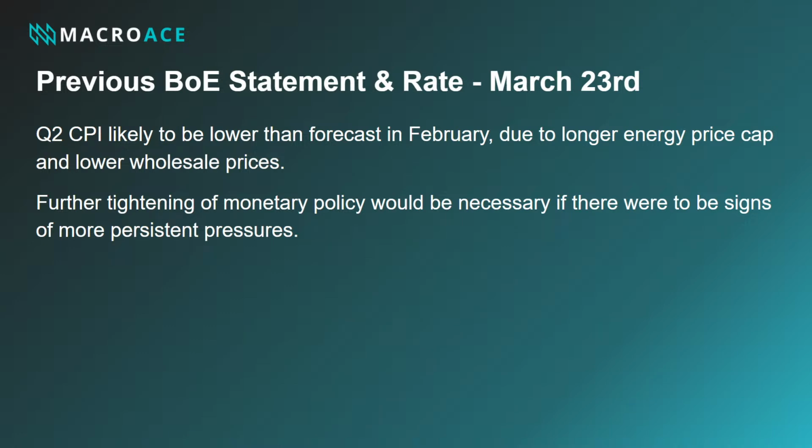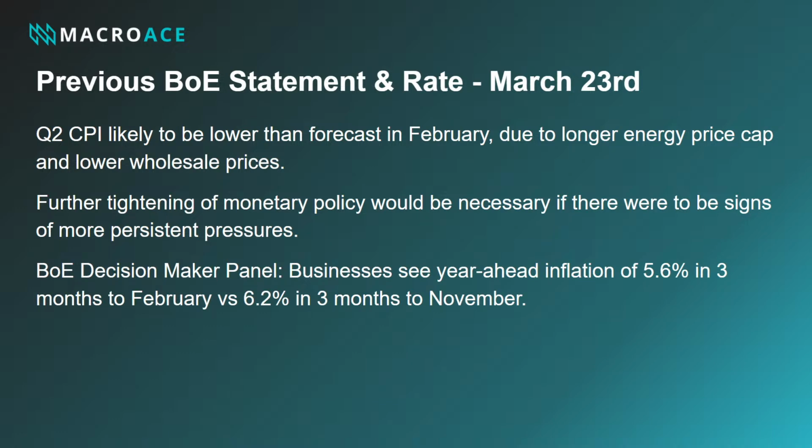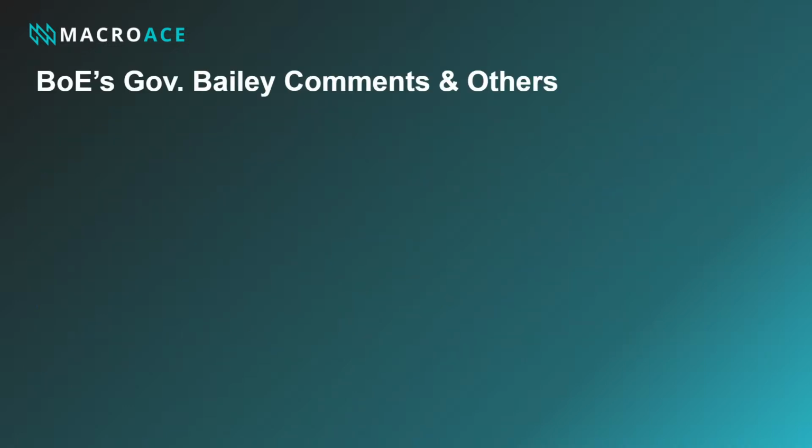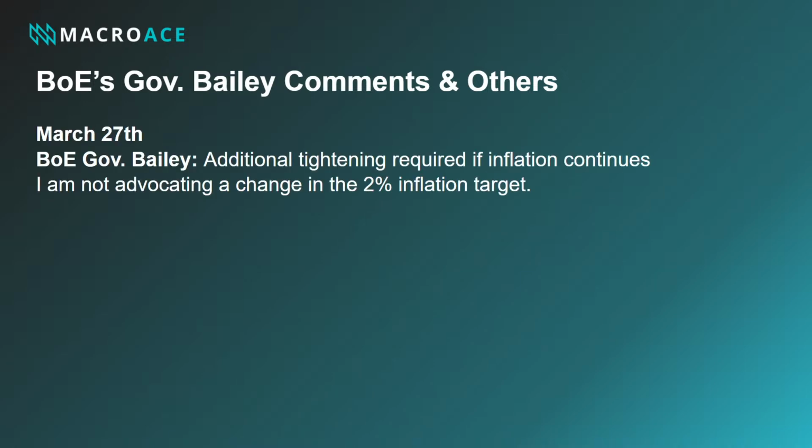bring down inflation. Bank of England decision maker panel says businesses see year-ahead inflation of 5.6% in the 3 months to February versus 6.2%. Members flagged that global growth was likely to be higher than it had expected in February. And then Bailey and other member comments as well. Bailey said that additional tightening is required if inflation continues, but he's not advocating a change in the 2% inflation target.